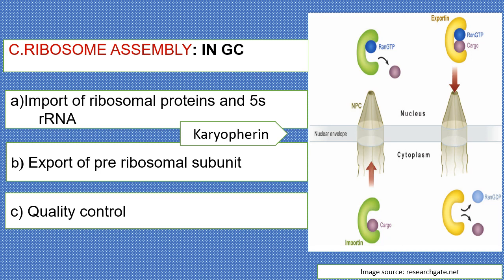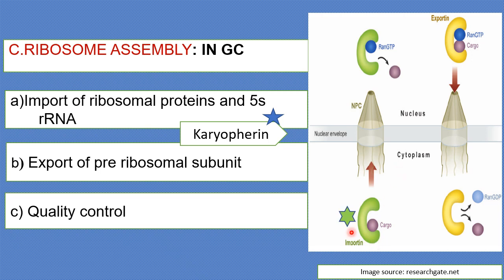Most importantly, it depends on transport receptor proteins. One of the largest families of transport receptors is the karyopherins. It contains both the importins as well as the exportins.